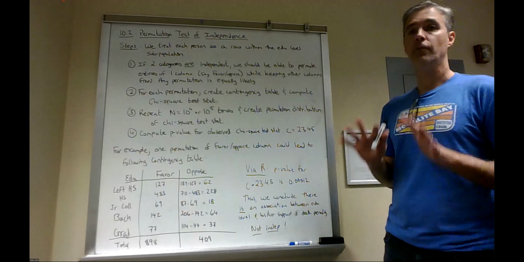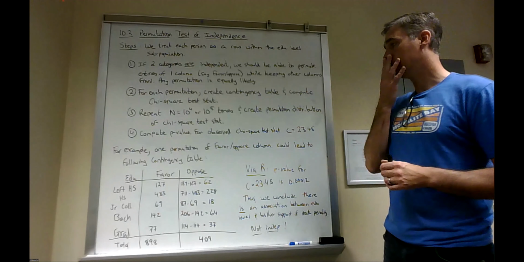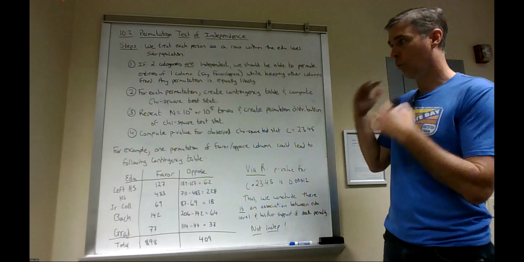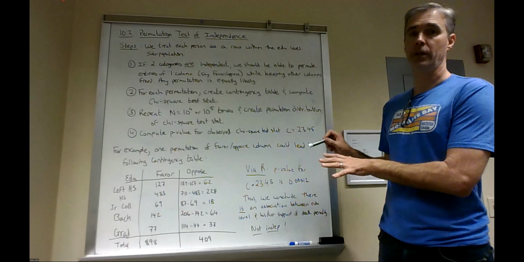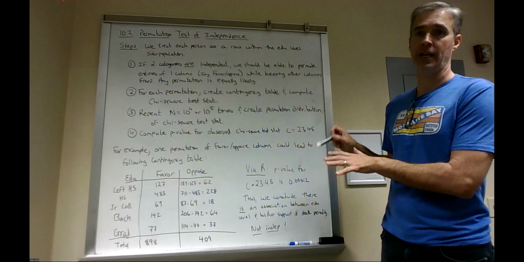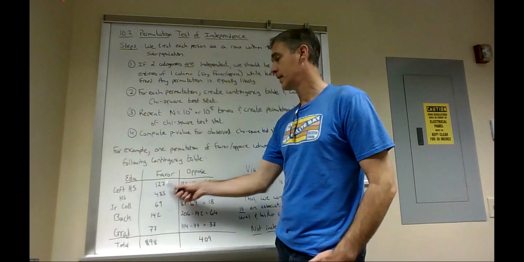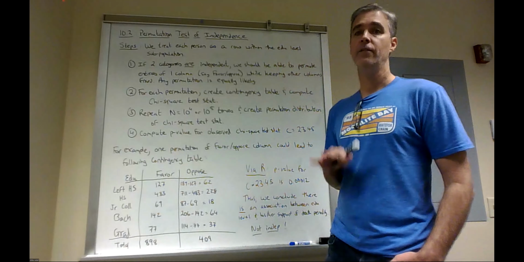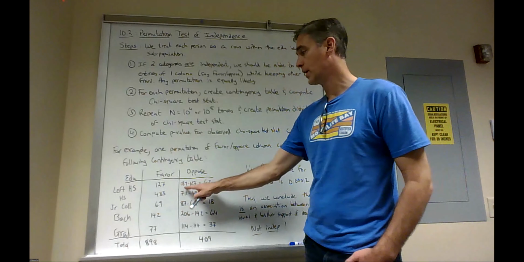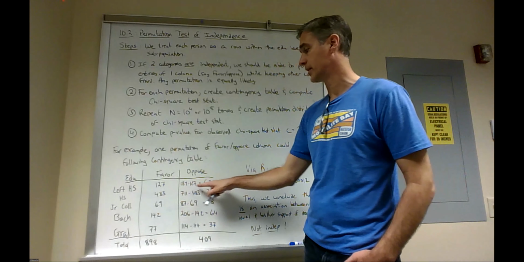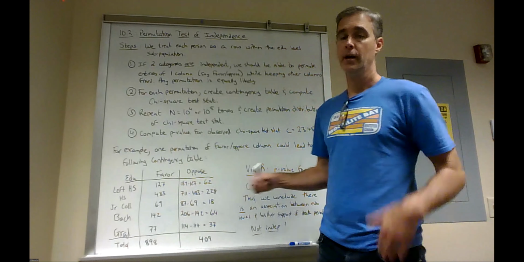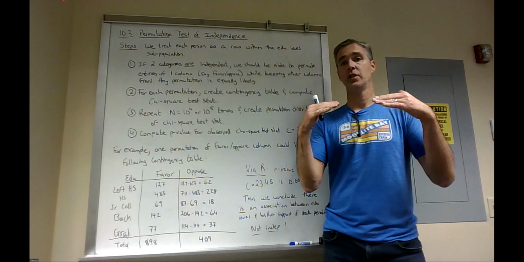Okay. Now, for example, if I permuted the favor opposed column one time, this could be the contingency table that was created. So in this case, 127 people who didn't complete high school favored the death penalty, and the rest of them, 189 minus 127, opposed it. Okay. Because remember, I'm not changing the educational level.